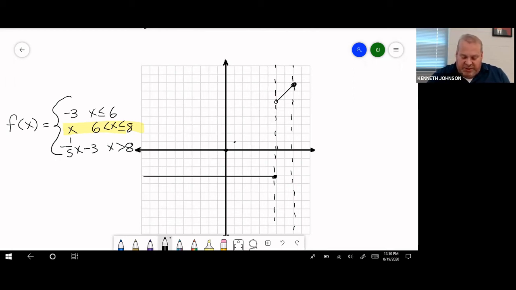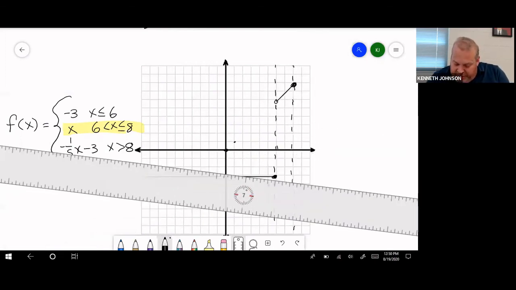And the last one says use y equals negative 1/5 x minus 3 if it's greater than 8. Okay, so minus 3 and then negative 1/5. So down 1 over 5. 1, 2, 3, 4, 5. I use my ruler again.